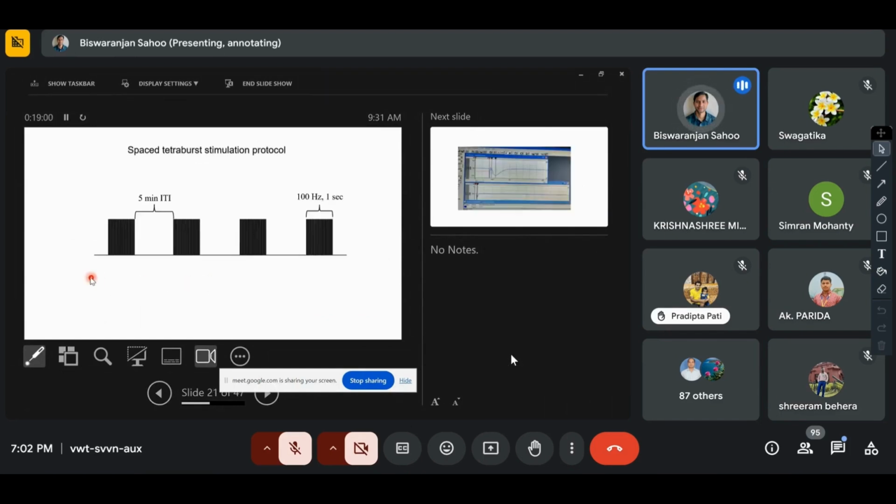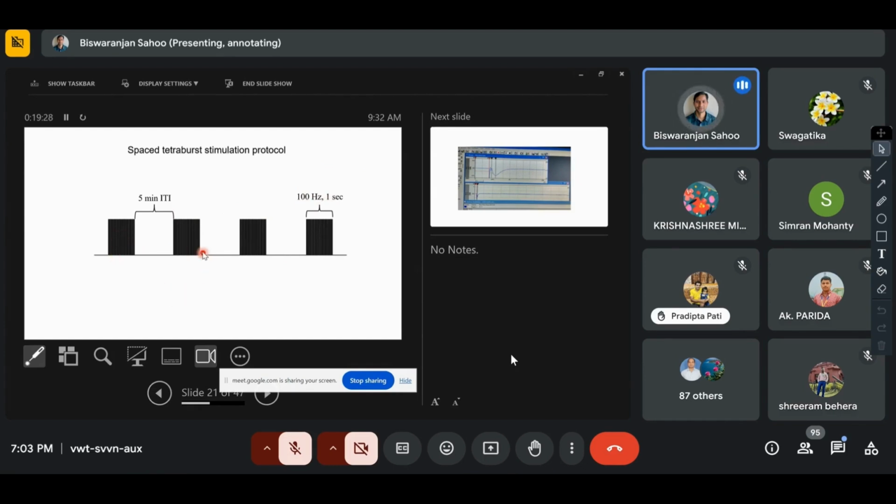In the live hippocampus, the pyramidal neurons fire at different frequencies during LTP. People use low frequency, which is very low hertz, like 5 hertz, and high frequency, like 100 hertz. Here I use a protocol with high frequency stimulation, which is called a tetanus.